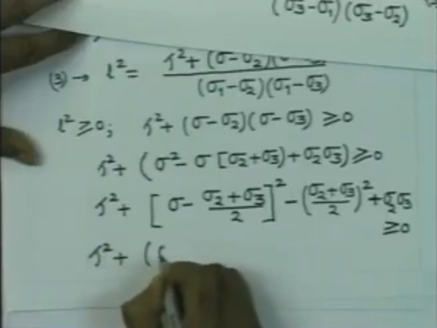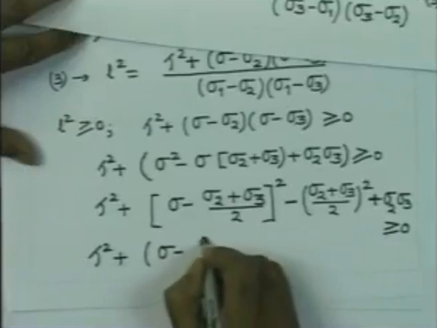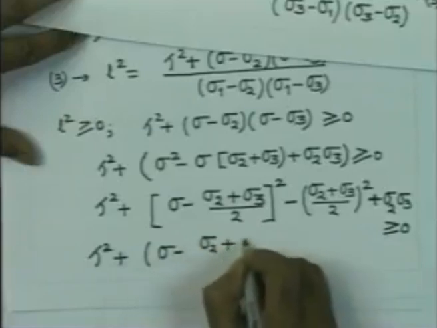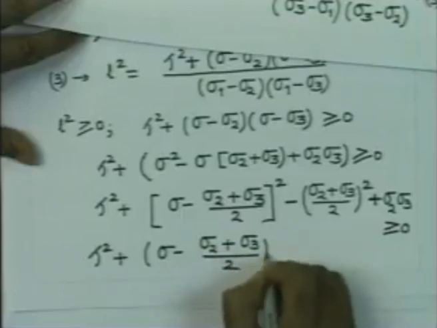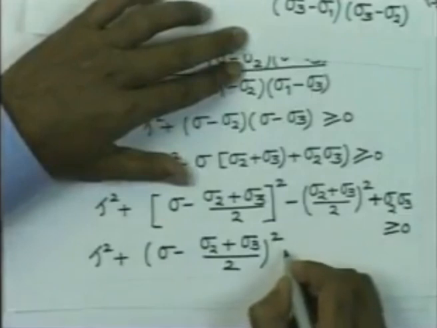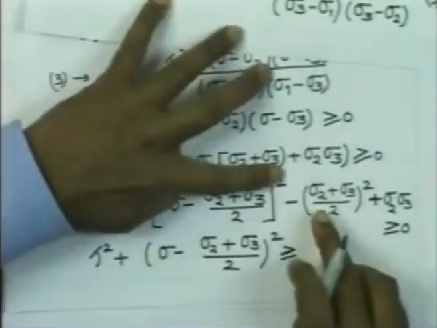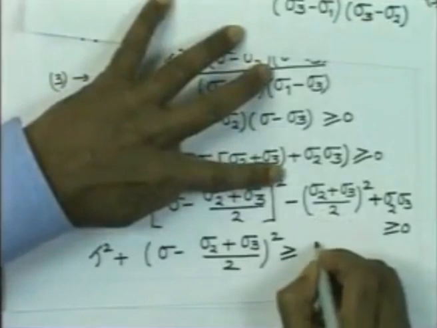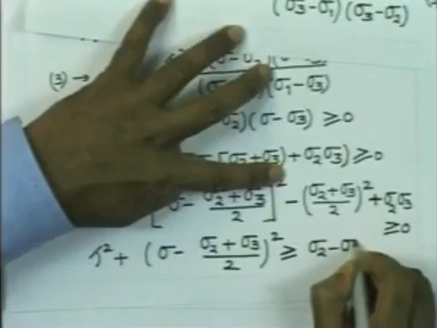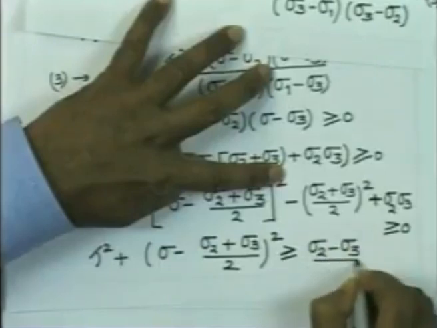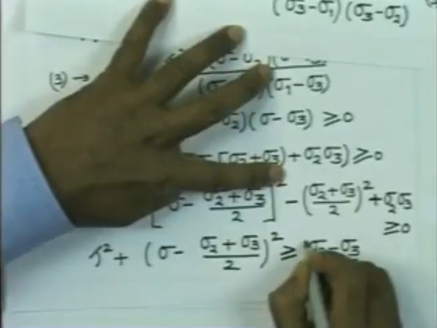We have now sigma minus sigma 2 plus sigma 3 by 2 whole square, and this we can take to the other side, and we can write this thing as sigma 2 minus sigma 3 by 2 whole square.